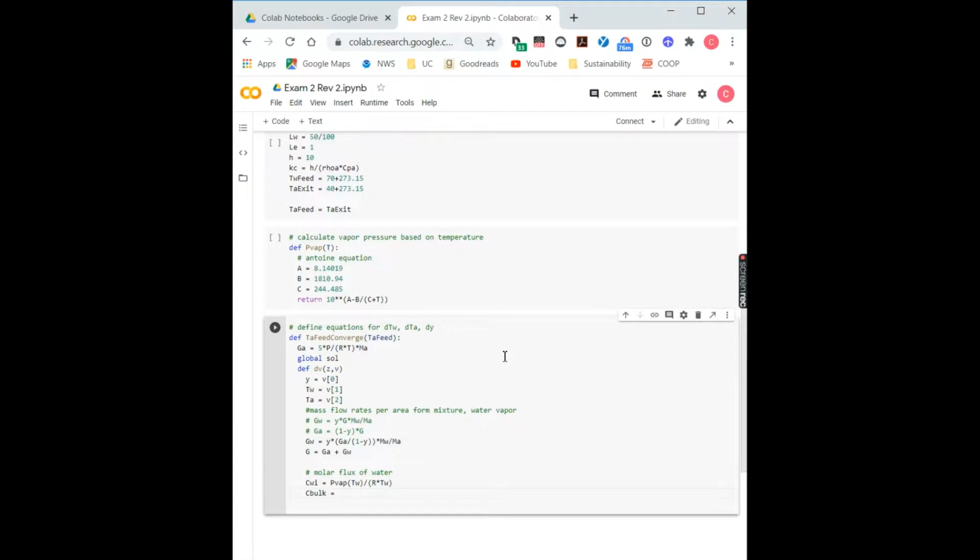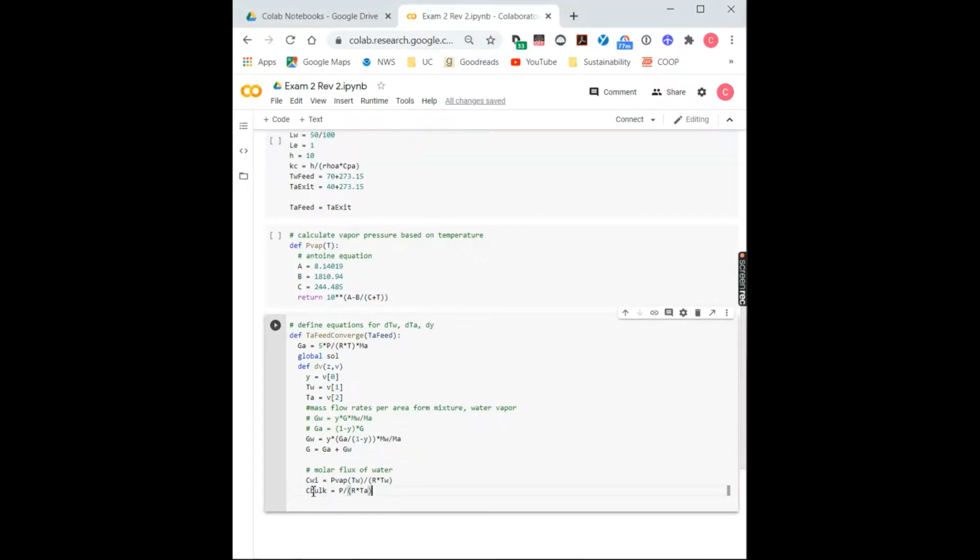We know that the total concentration of the bulk flow of the mixture will be equal to P over RT. In this case, we'll use PA to represent the bulk flow pressure. So this gives us our bulk concentration of the stream.